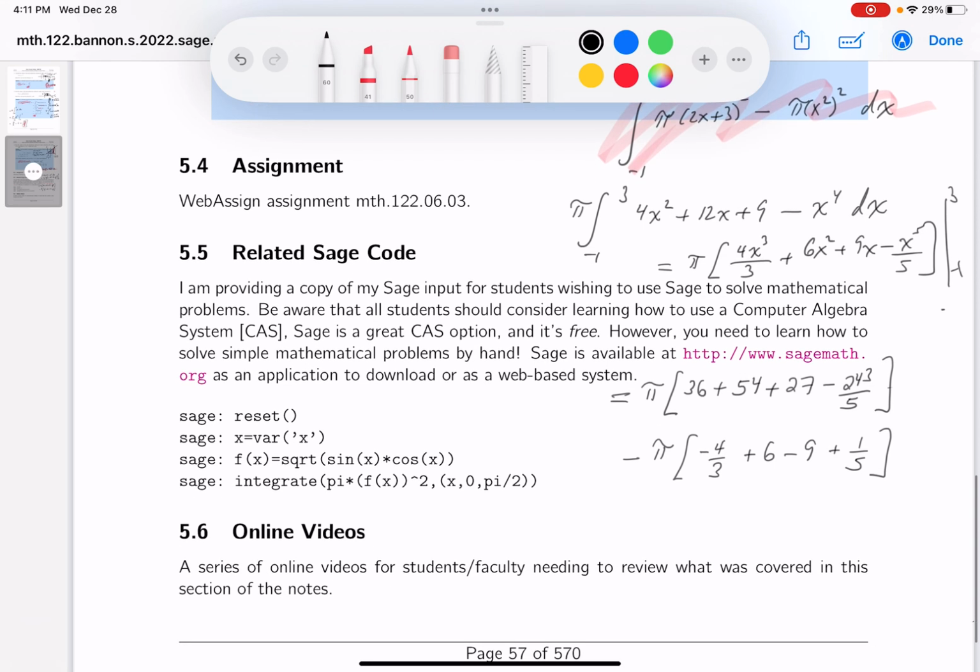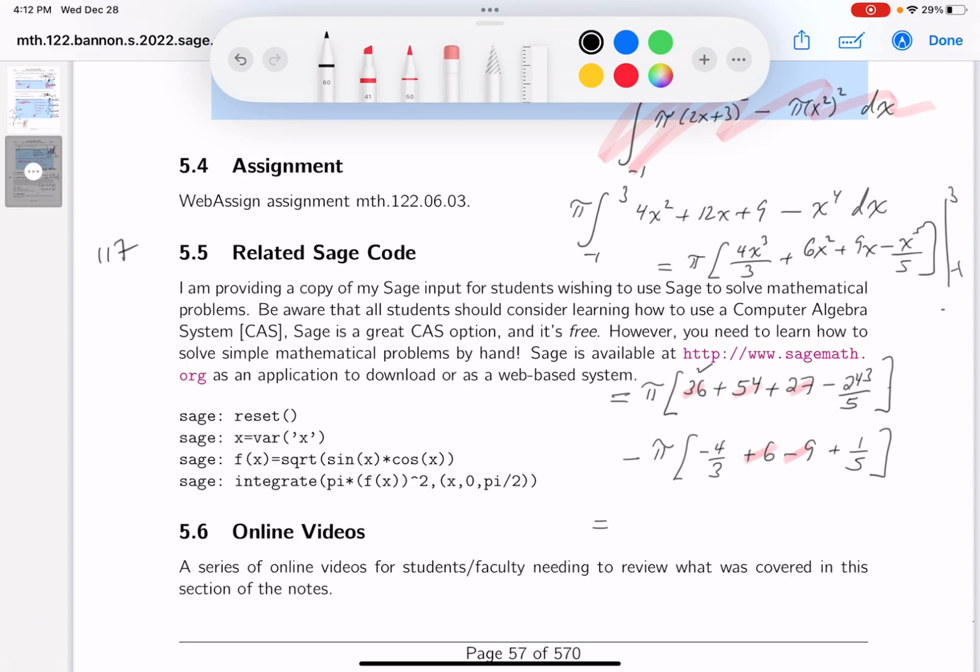All right, let's take a look, see if we can do it. And the first thing I'll do is just look at the whole numbers. And let's do that. And I'll do it slowly. 36 and 54, that's 90. 90 and 27 is 117.